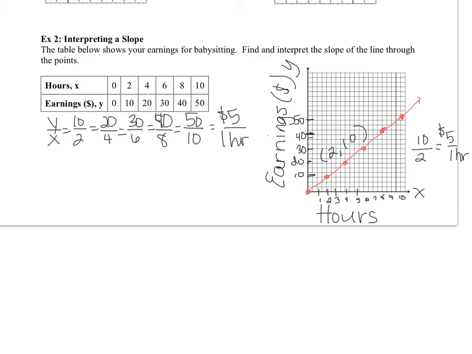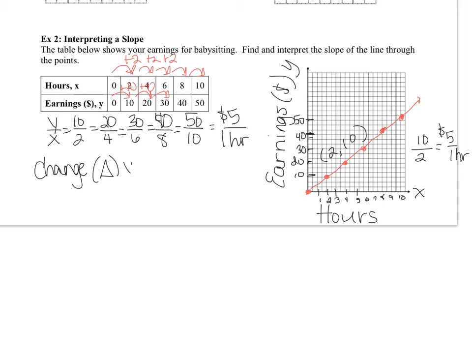If we talk about walking the table, we've done this before. So my hours, or my x value, is going up by 2 every time. My y values are going up by 10. To connect it to our slope concept, the change in y can be written as a triangle.